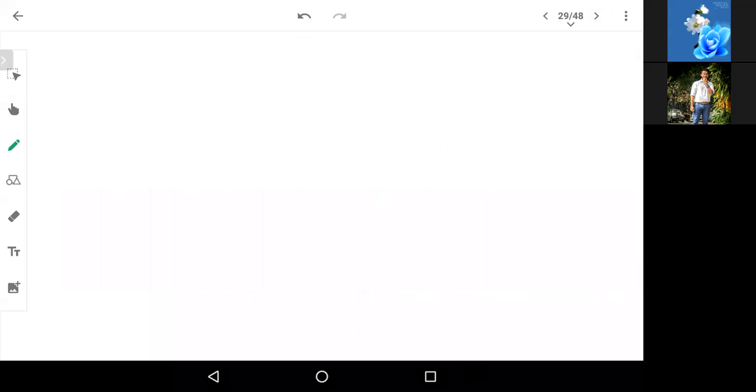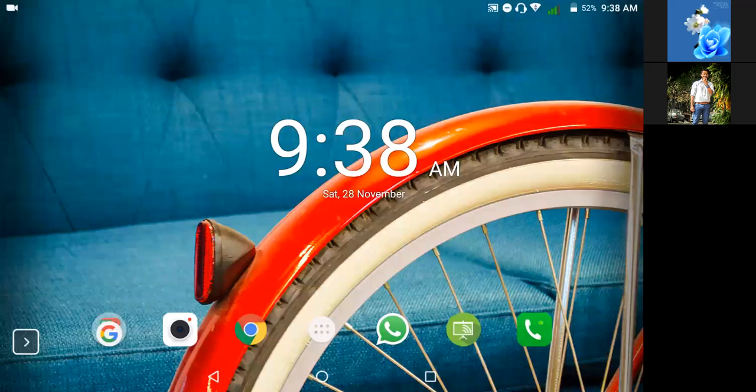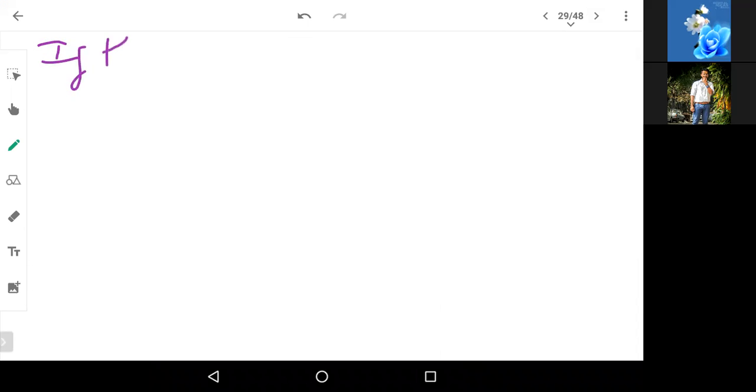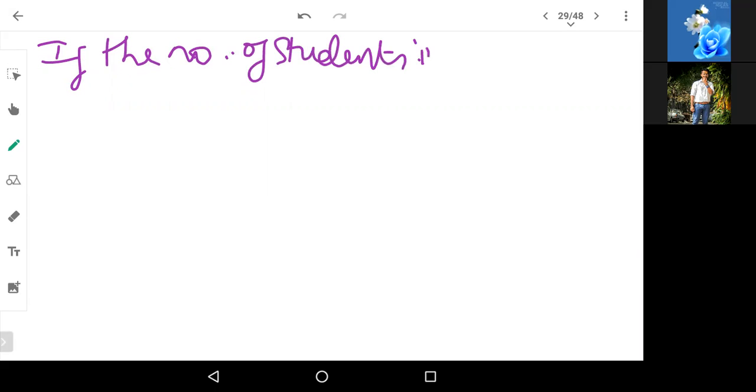Then if the number of students increases by 14, there are 14 extra people, right?